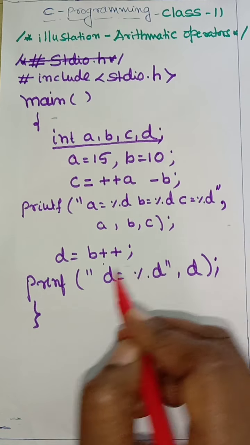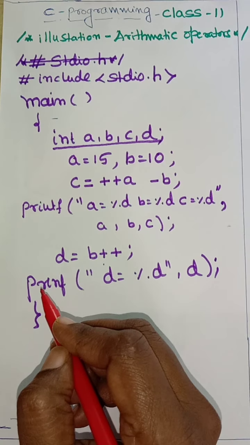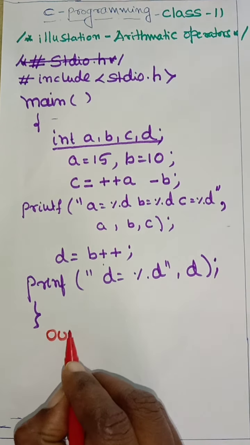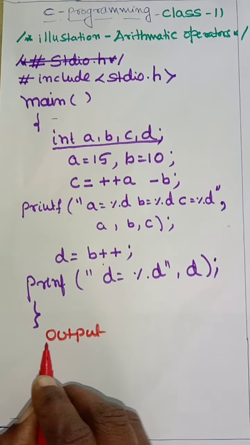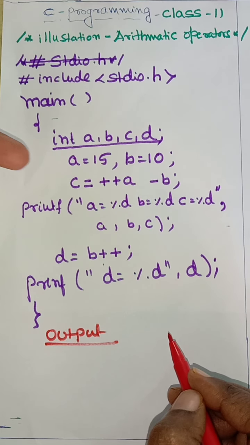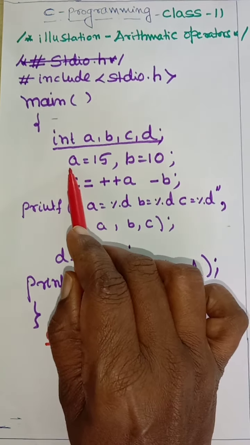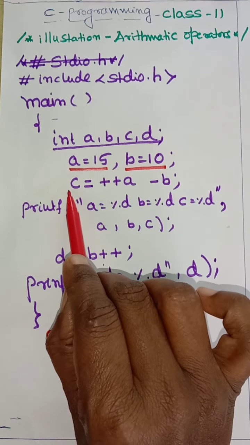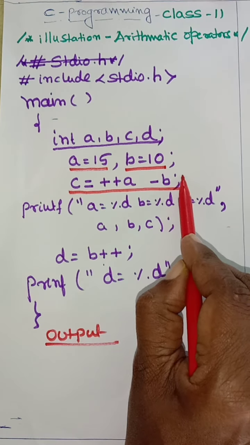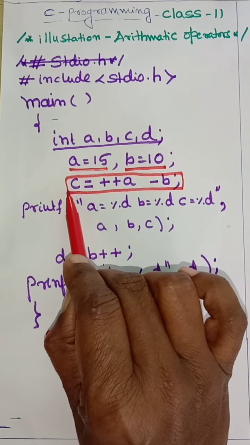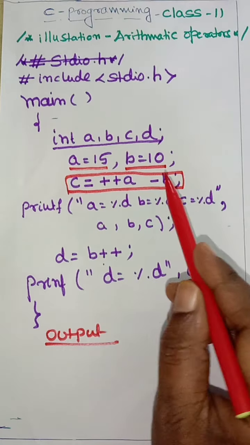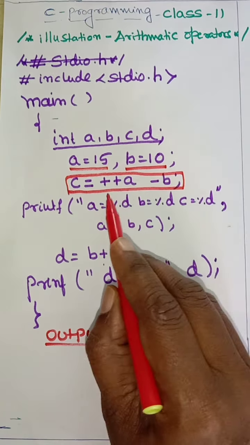Okay, so we will see one by one how the program is going to execute and what the output of this program is. What is the output? So a is equal to 15, b is equal to 10. It is going to calculate the c value using this expression. Correct? What is c is equal to? c is equal to plus plus a.